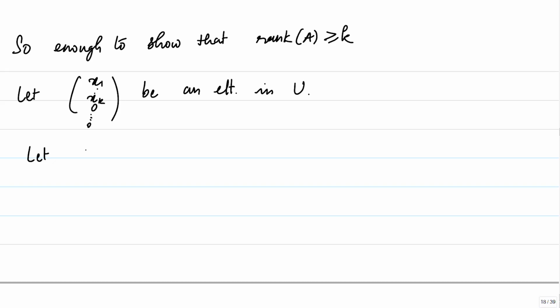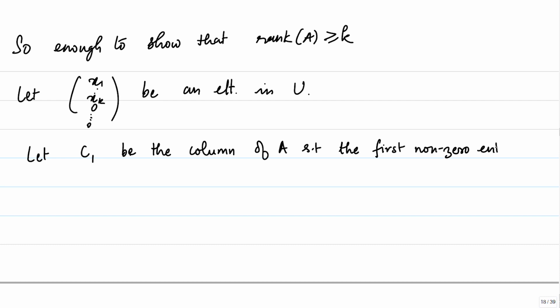Let C1 be the column of A containing the first non-zero entry of row k.